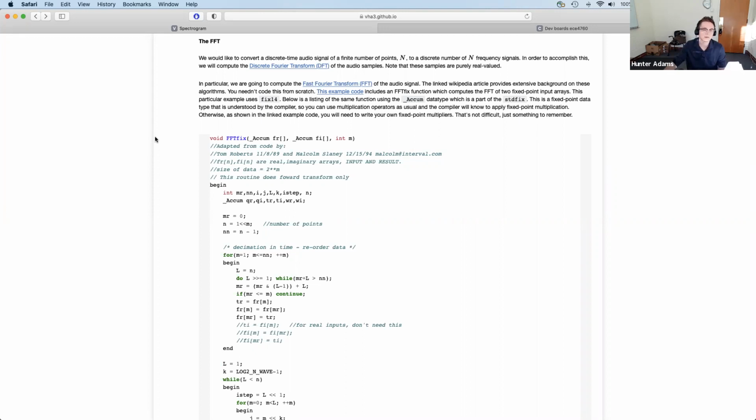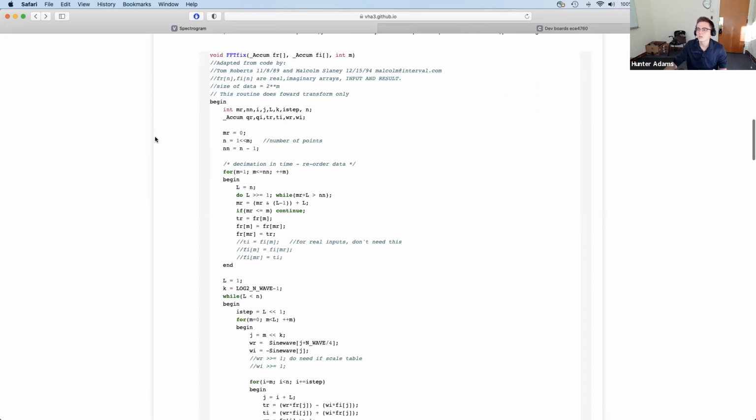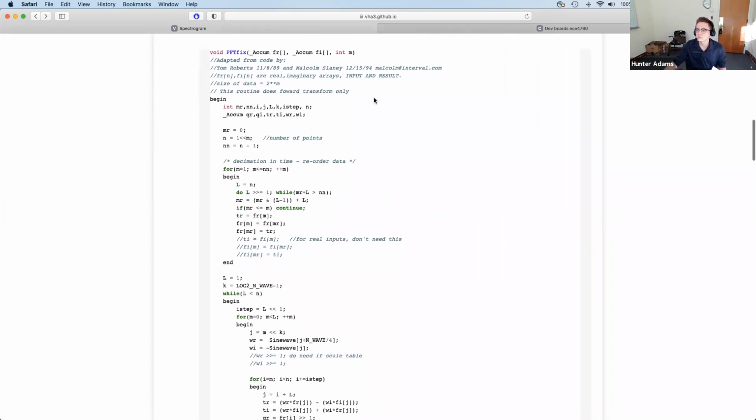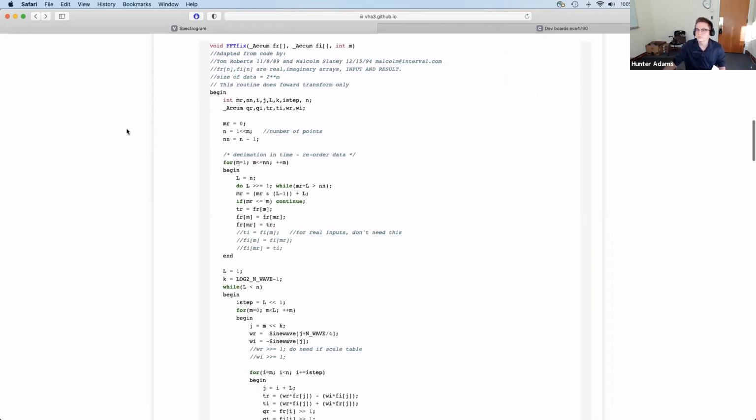But we can talk through the inputs and outputs of this FFT function that you'll use. The version that's represented here takes three inputs. Two of those inputs are arrays of type accum, and these are the real and the imaginary parts of the time domain input to the FFT function.